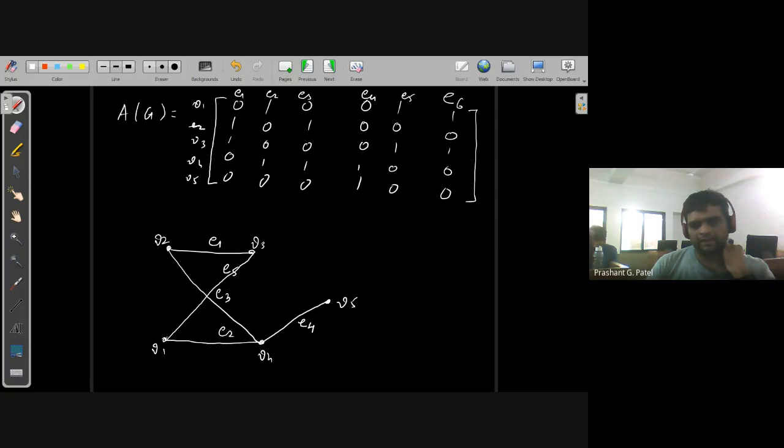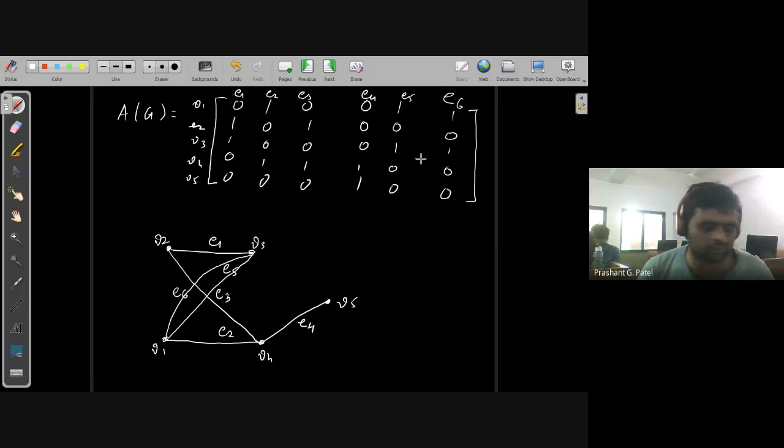This is E6, between vertices 1 and 3, same as E5. Then in the incidence matrix, two columns are identical.